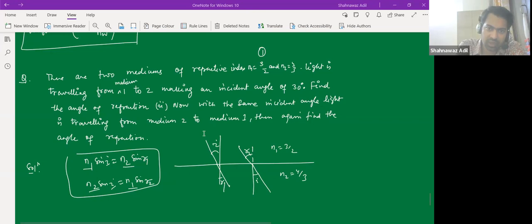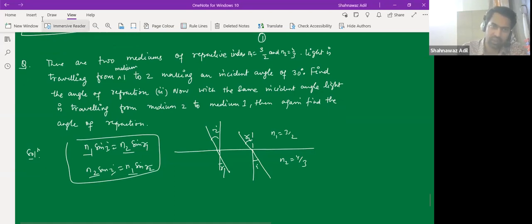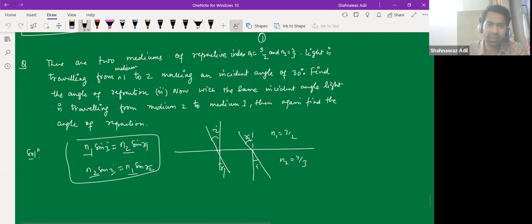No. Okay, so let us quickly do this problem, and then we'll move on to total internal reflection. So this idea is clear to everyone, right?